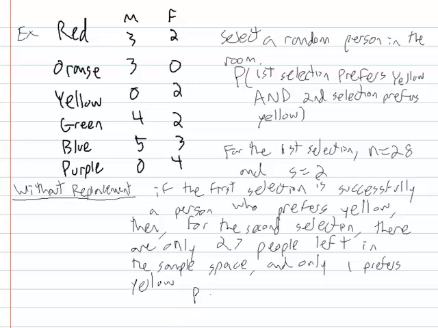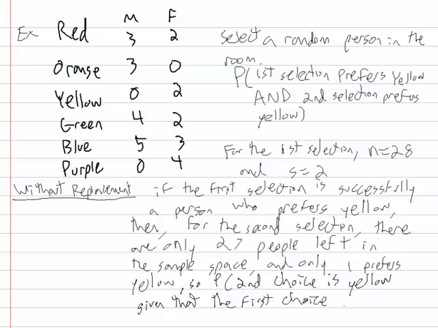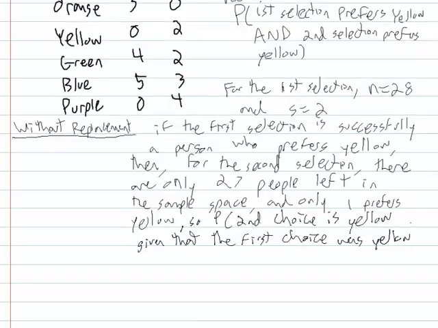So the probability that the second choice is yellow, given that the first choice was yellow, there's only one person left. 1 out of 27.